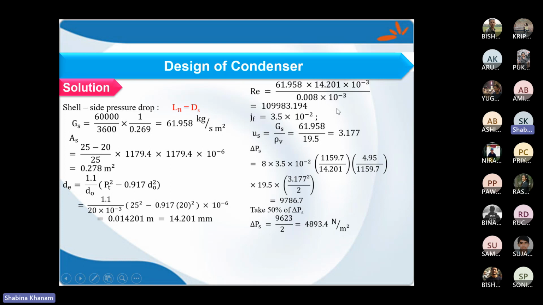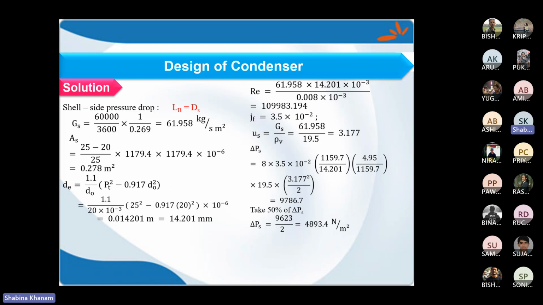Now one thing you need to keep in mind is that shell side we are having the vapor. So all properties of vapor you need to consider over here, because vapor is entering, we need to consider that condition to find out the pressure drop.